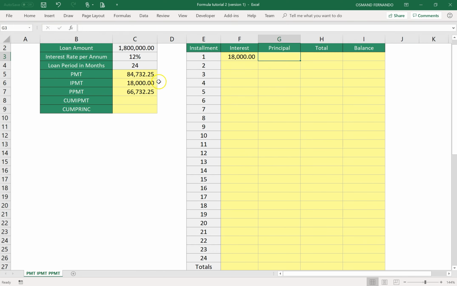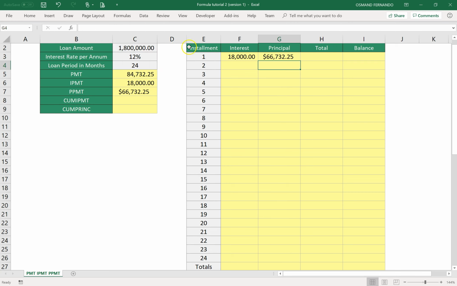Let's do the same for the principal. For the first period, copy the formula, hit enter, come to the principal cell G3, put the cursor in your formula bar, paste the formula and make the cell references absolute. F4, C2 also make it F4, and then again remove 1 and give the cell reference of the first installment.